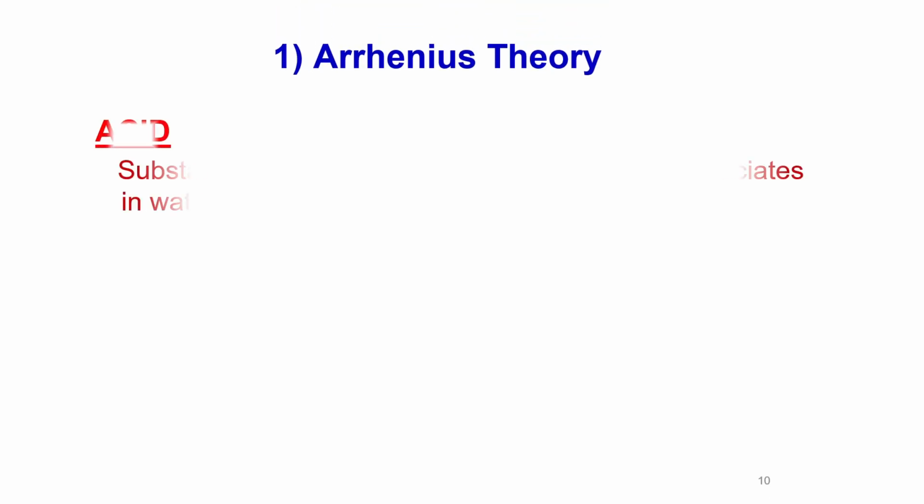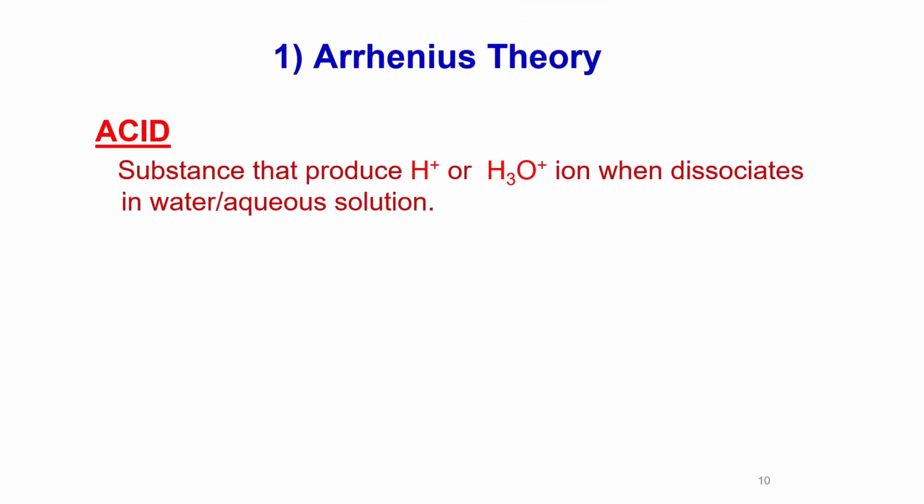So according to Arrhenius, a substance that produces H plus ion or H3O plus ion when dissociated, bila dia terurai dalam air, ialah acid.